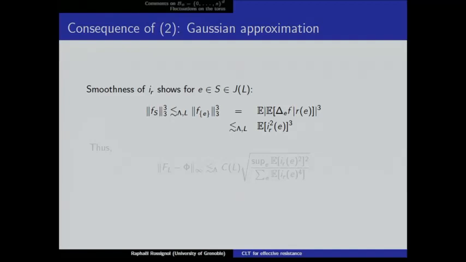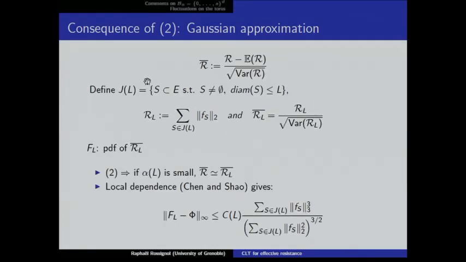On the first level, almost nothing moves. Fe only depends on R of E. So there is very little variance here. And, okay, so this is upper bounded by this. So what we obtain is an upper bound of this kind. And so if you can show that this is really small, then you will have a Gaussian approximation for R_L.